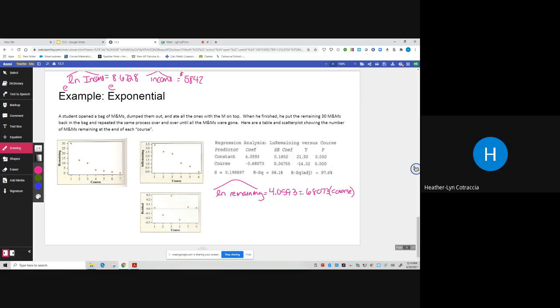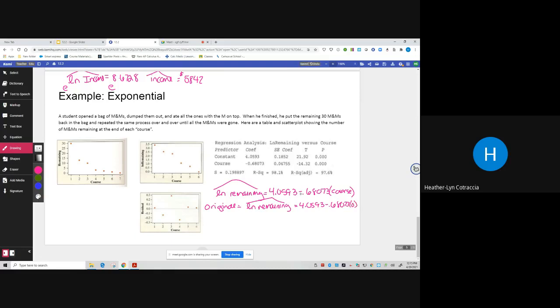We would plug 0 in for X. So if I want to know how many were started, so what would be the original number, I would still have the natural log of remaining predicted would be equal to 4.0593 minus 0.68073 times 0. So that's going to make that be 0.